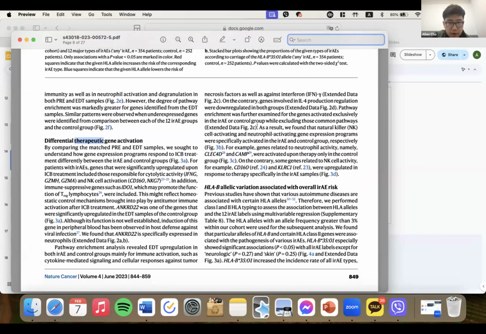I believe this is how I understood it, that it ends up activating NK cell expression. Genes related to NK were activated upon therapy only in the control group, although in response to therapy specifically. That's NK.